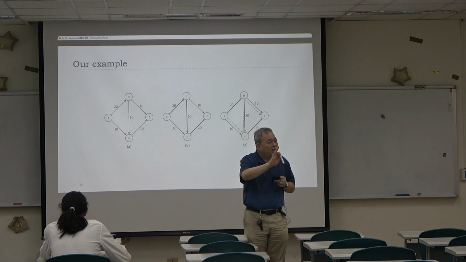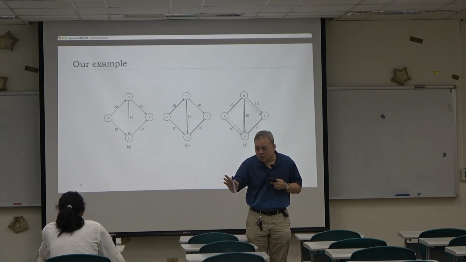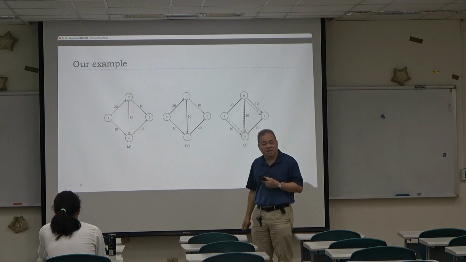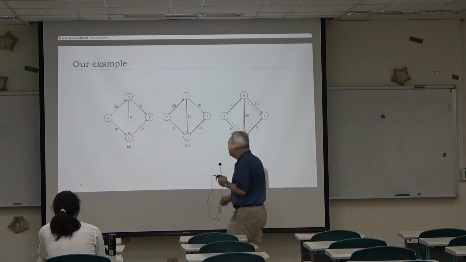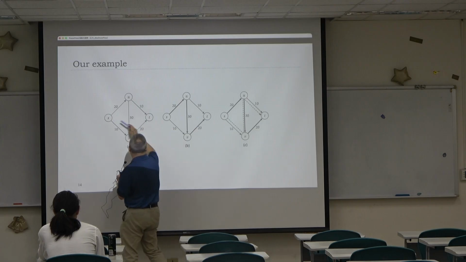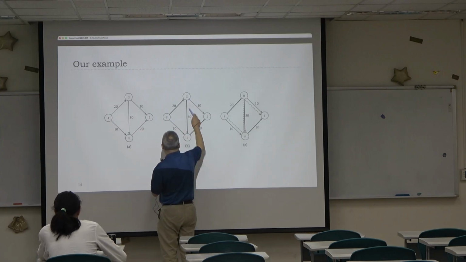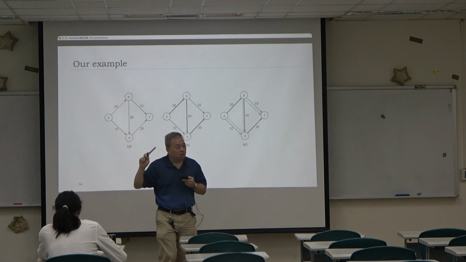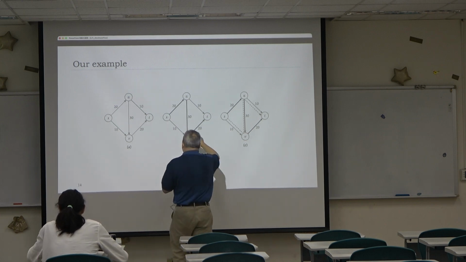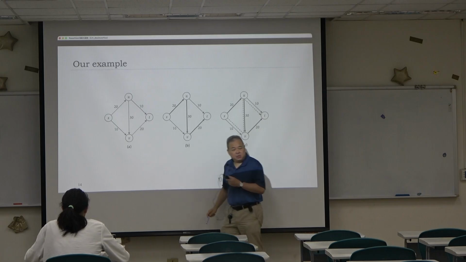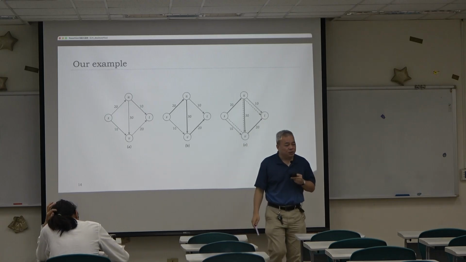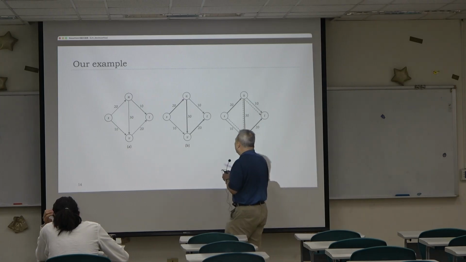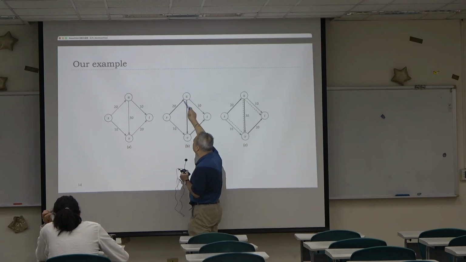But remember, we are using the backward search, so we do not necessarily identify the shortest. So initially we find this one. According to the algorithm, how much capacity are you going to assign?